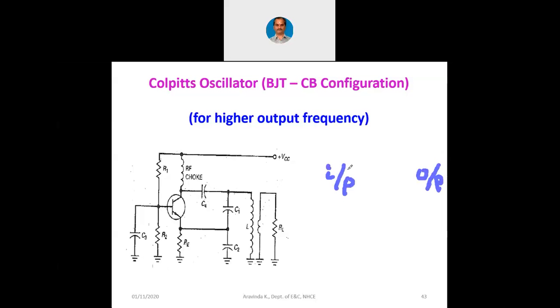Now from the output, there is one C1 back to input. This is now that C1. Now from the output, there is one inductance to ground. And from the input, there is one capacitance to ground.